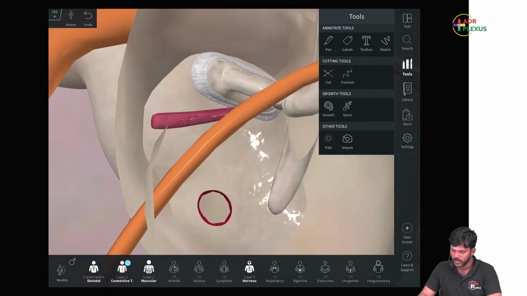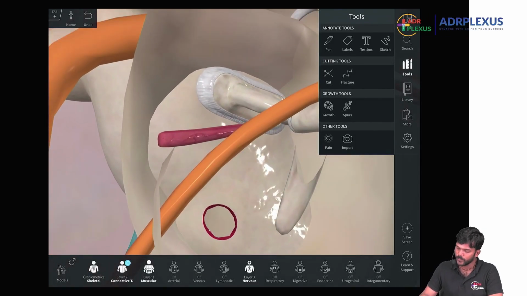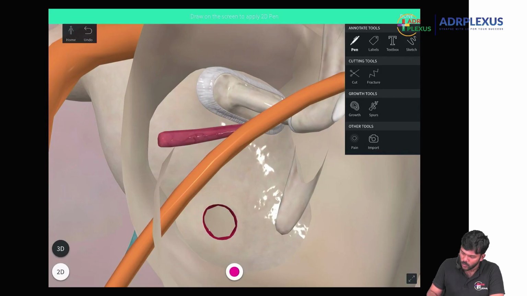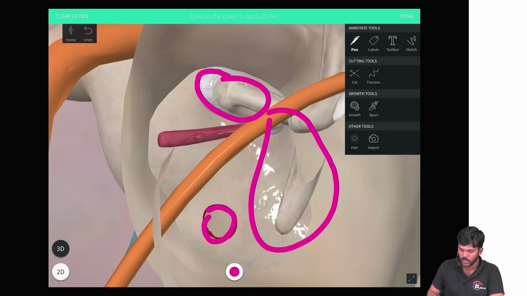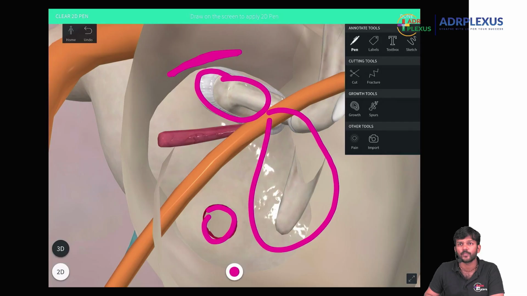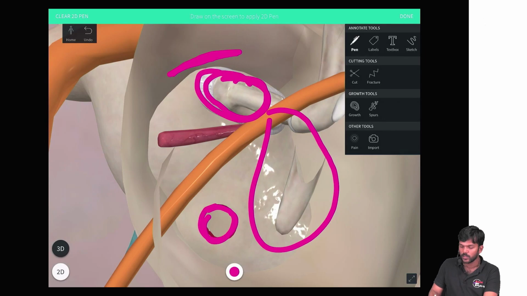Can you see here? This is the medial wall of middle ear. This is the oval window, this is the round window, this is the promontory which we are talking about. This is the superior most part of the medial wall of middle ear.